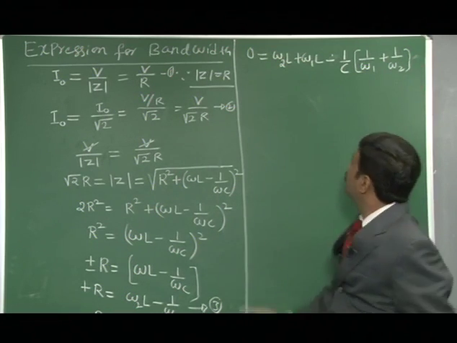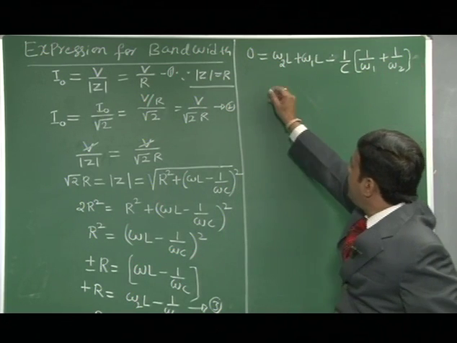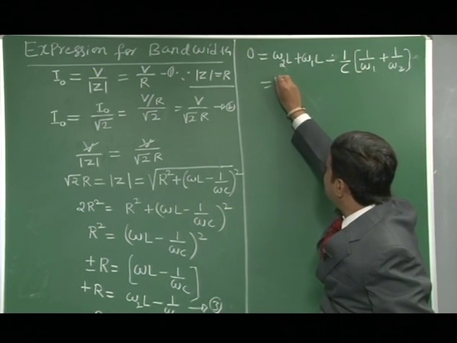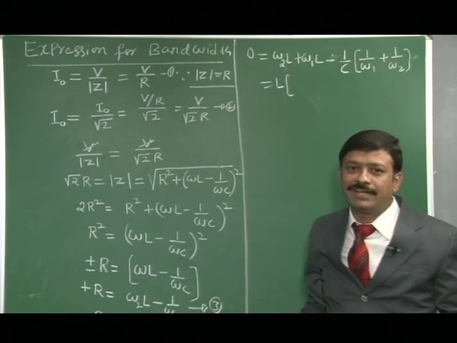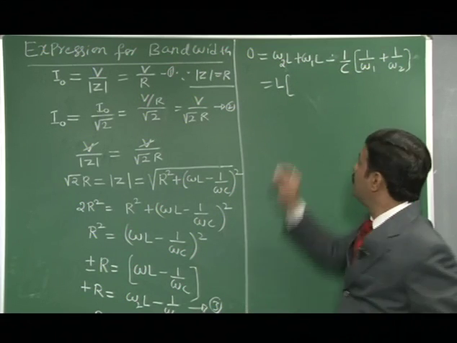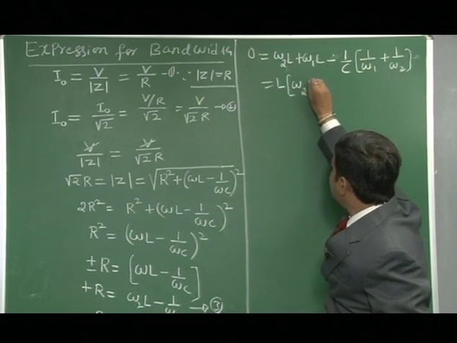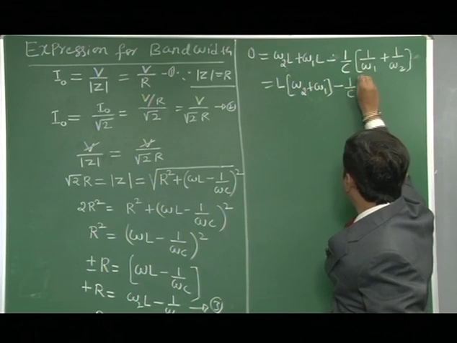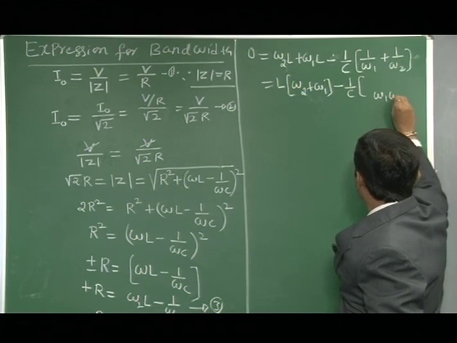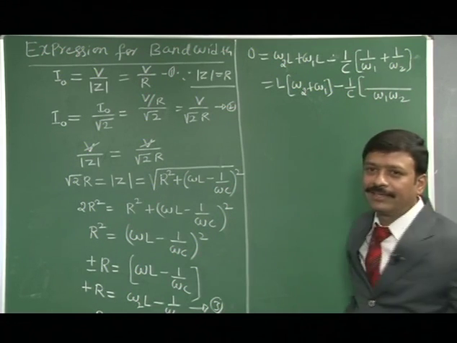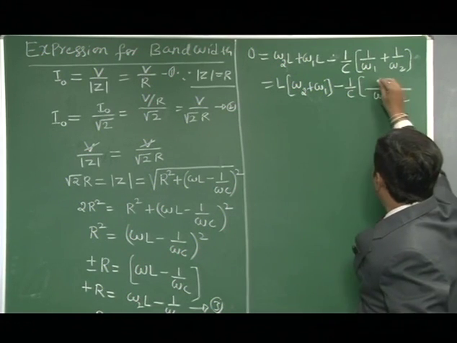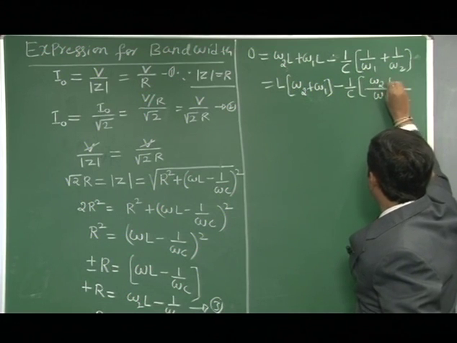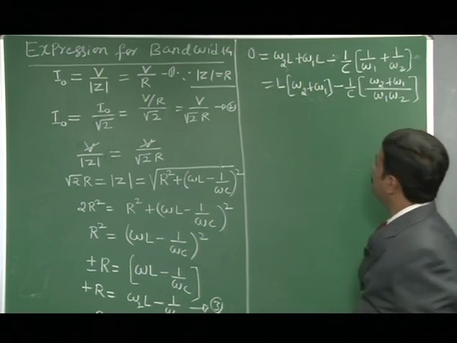Next, I will take L common from this. It will be omega 2 plus omega 1 minus 1 by C. The LCM is omega 1 omega 2, and in the numerator, omega 2 plus omega 1.